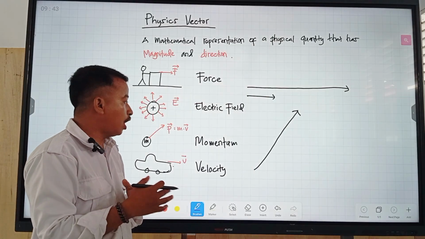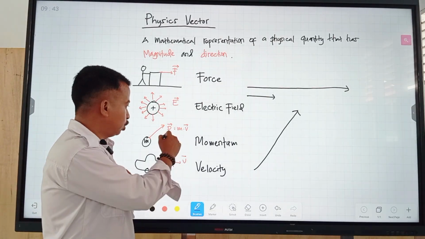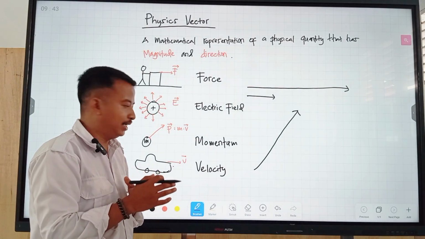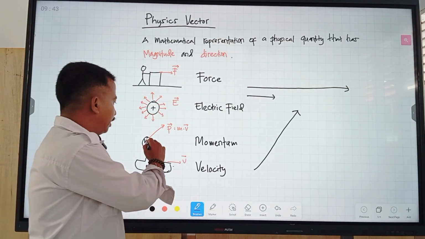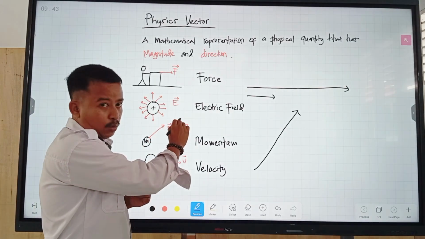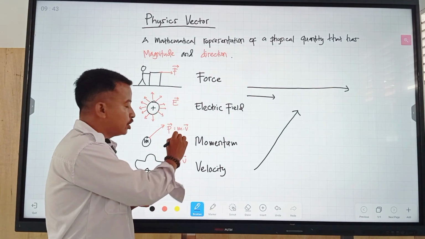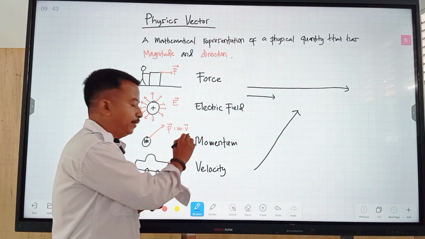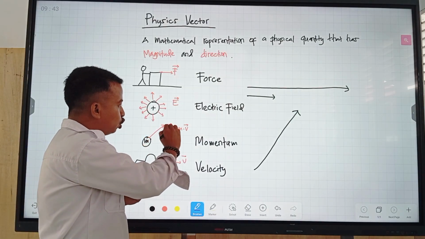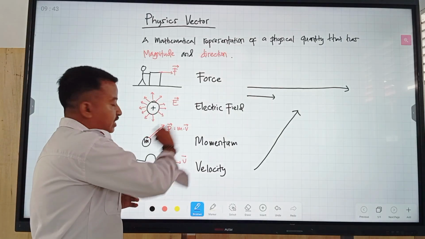So the result of that is a momentum P. P stands for momentum, and that's also a vector quantity. The longer I draw this arrow, the greater the momentum, which means the greater the mass or the greater the velocity. And of course, the direction of this momentum, the direction of this vector, you can see in this direction.